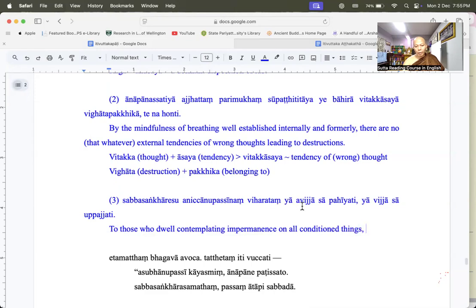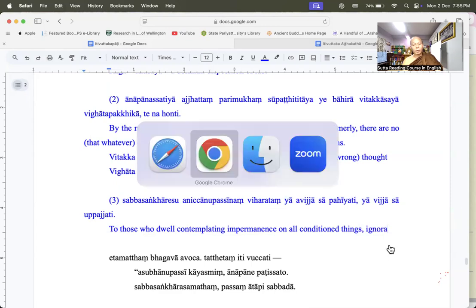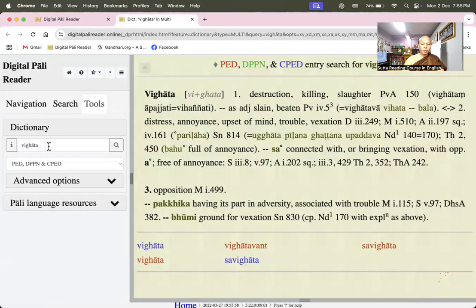Here also: ya avijja sa pahiyati, ya vijja sa uppajjati. So ya and sa can be omitted. Avijja means ignorance, the main root. Avijja and vijja are quite opposite, right?